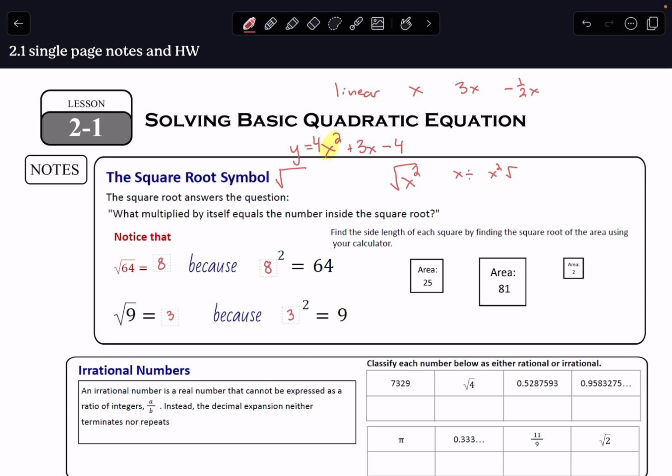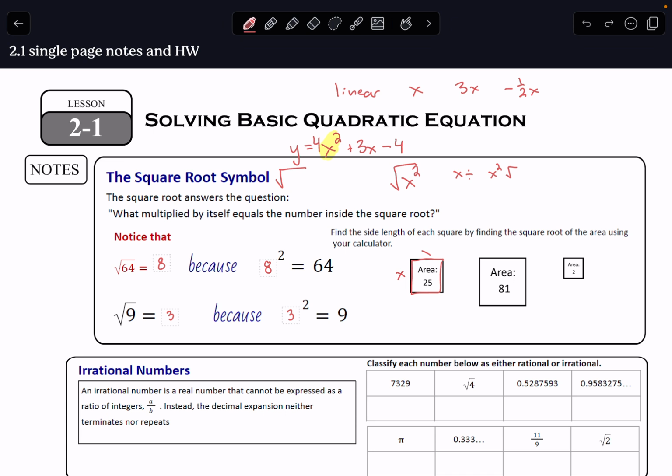Now remember, to find the area of a square, you take the two sides and multiply them together. So this first square that has an area of 25, we found that by doing x times x. In this case, when we did that, we got 25.